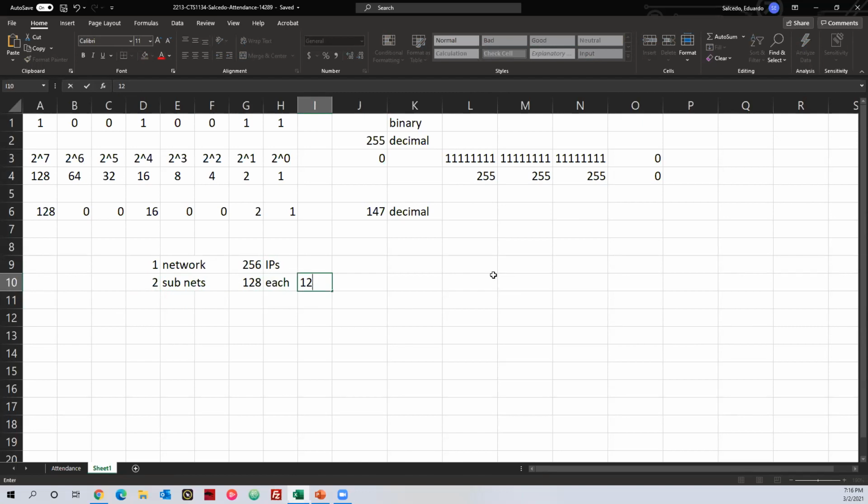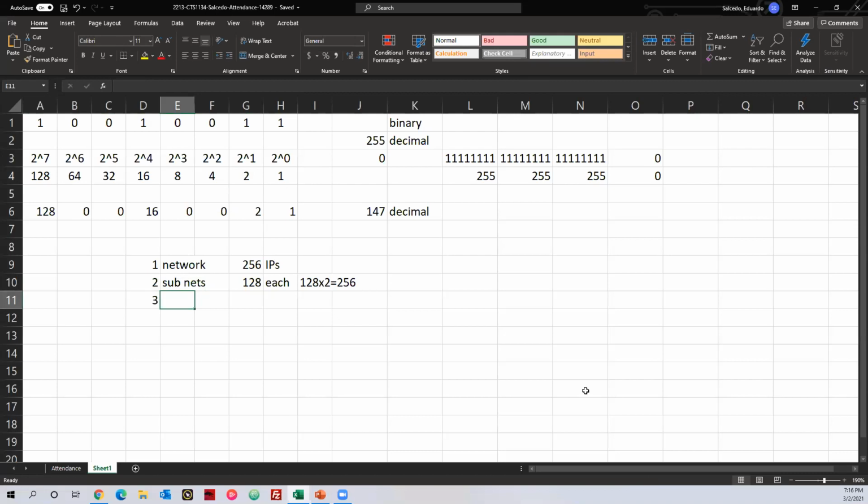Meaning we have 128 times 2, which is the same as saying 256, right? So if I want 3, then comes the problem of 3. Remember that the computer only understands base 2. 3 doesn't appear anywhere here.